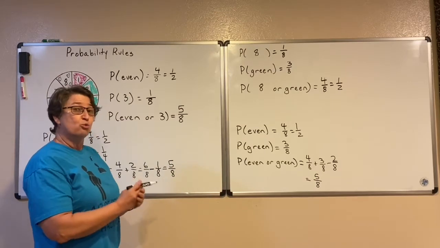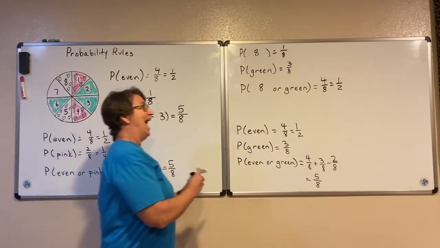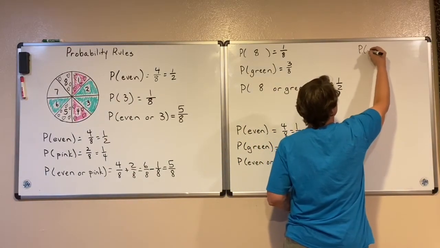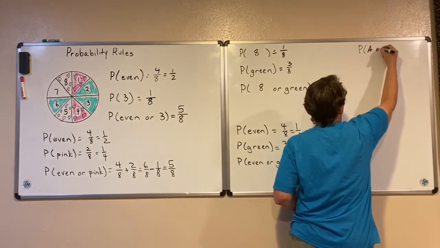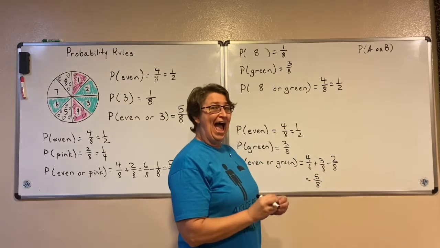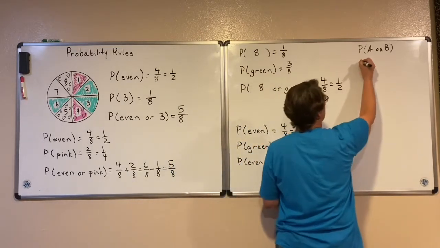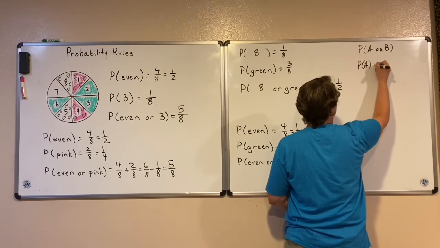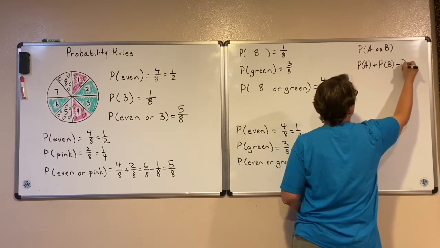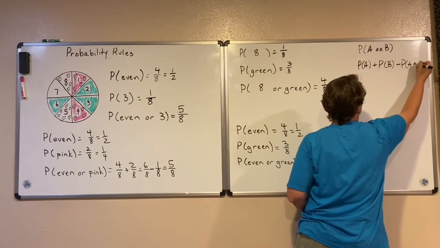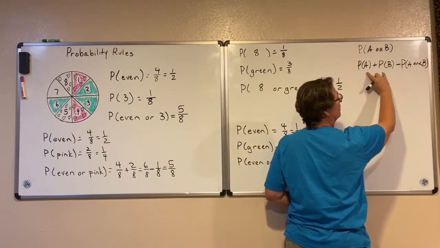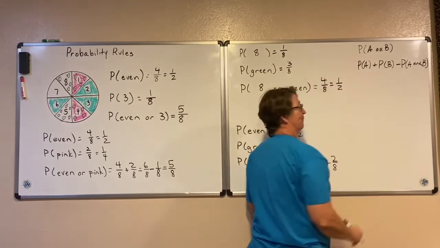So the rule is, when I have the probability of 2 events, the probability of A or B, what we're going to do is add the probability of the first one plus the probability of the second one minus any overlap between them. So add the 2 probabilities and subtract the overlap.